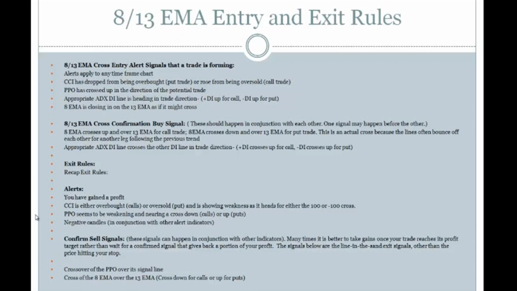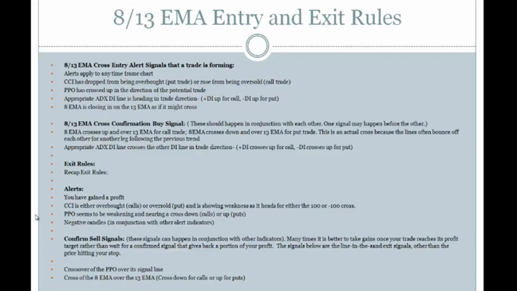So the beginning point would be a CCI has dropped from being overbought in the case of a put trade, a cross down of the 8 EMA, or it's going to rise up from being oversold if you're considering a call trade. Now the PPO will also cross in the direction of the potential trade.